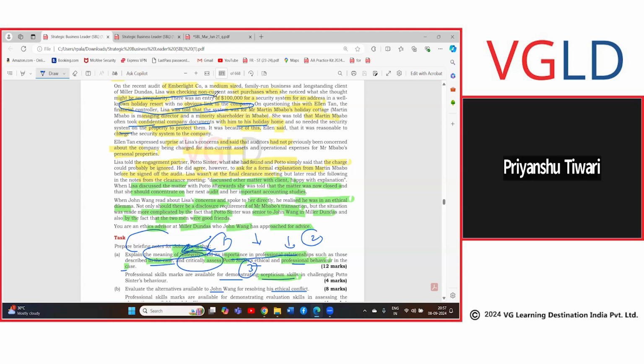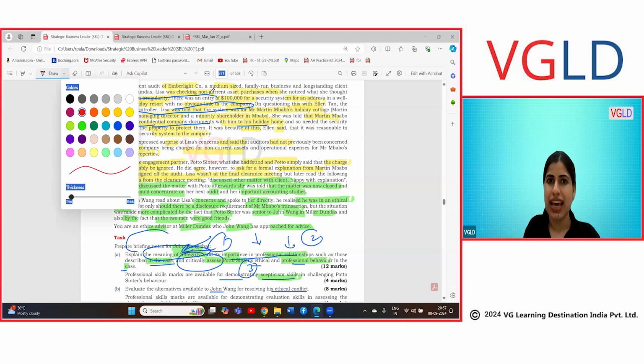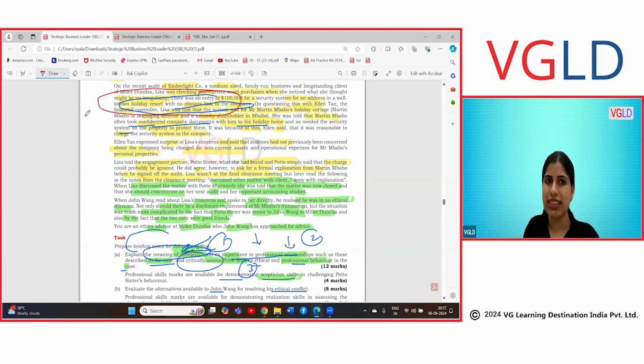No, I think that $1 lakh is to acquire the security system. Okay, to acquire that security system, now let's discuss your point. They are already mentioning that they do not have any obvious link to the company premises. That resort has no link with the company.